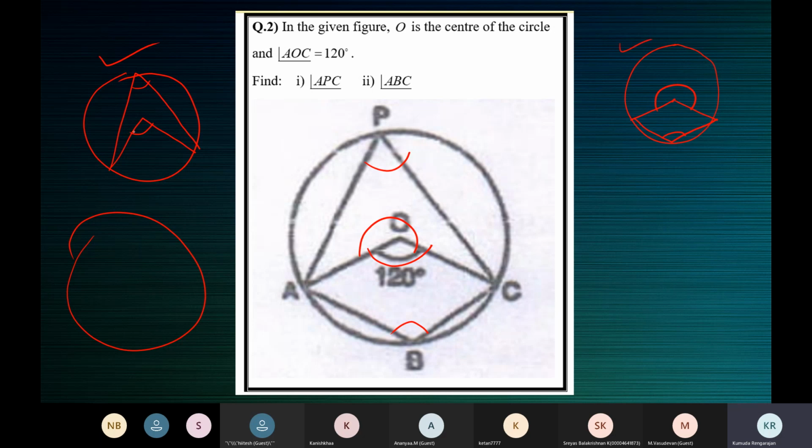The theorem is applied to this angle and this angle, meaning the theorem brings the relationship between them. In the case of a minor arc, this is double this angle. In the case of a major arc, the theorem brings a relation between this angle at the center and this angle on the circumference.